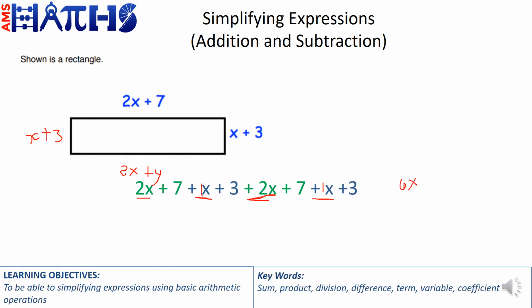Then we will combine the numbers. So we have plus 7 plus 3, which gives us 10, plus 7 again, which gives us 17, and plus 3 to that gives us 20. So the perimeter of this rectangle is 6x plus 20.